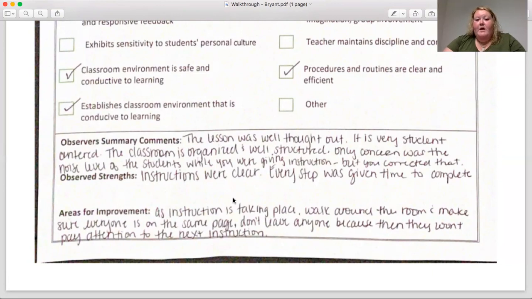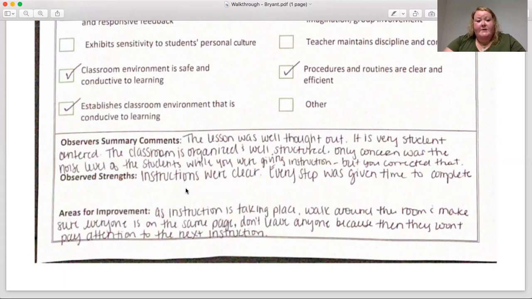And so I would definitely say that you understood that they were talking and that maybe they weren't quite listening. And so you did understand that part and you corrected the behavior. But I'm not sure that you corrected it early enough. So that was the only thing that I saw of concern, besides what we'll talk about here in just a few minutes.